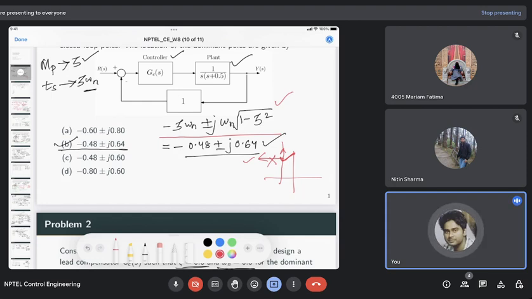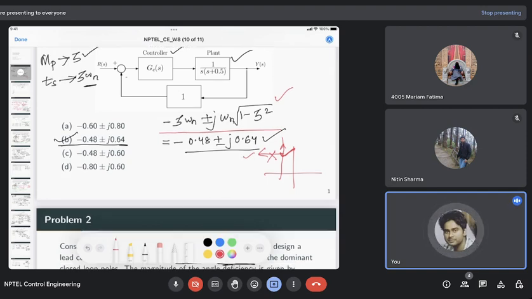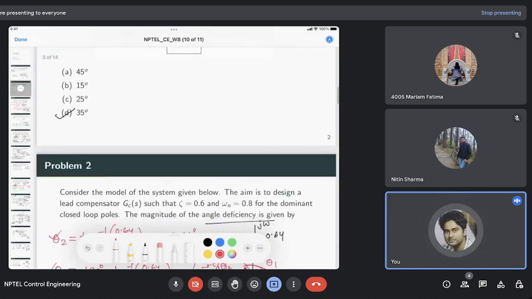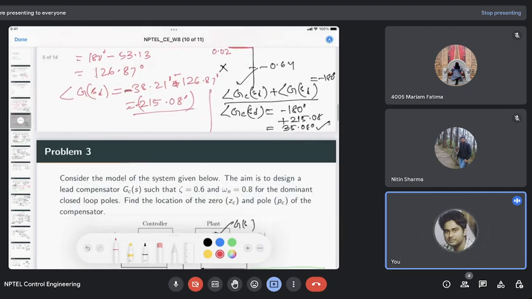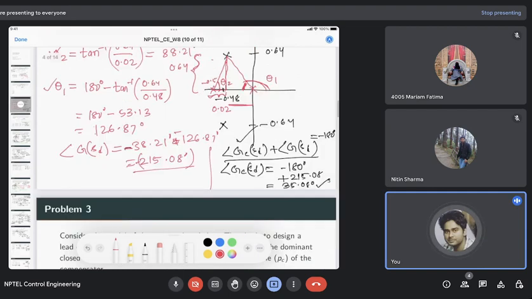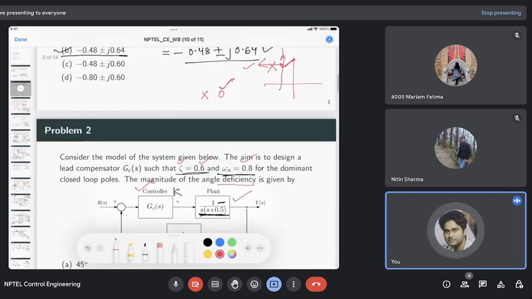So you have to add both a zero and a pole, and this pole will be to the left of this zero, so the effect of this zero will be dominant there. The total angle contribution from both will be positive, because you want to add a positive angle, as we already computed here. So your pole should be to the left of this zero.